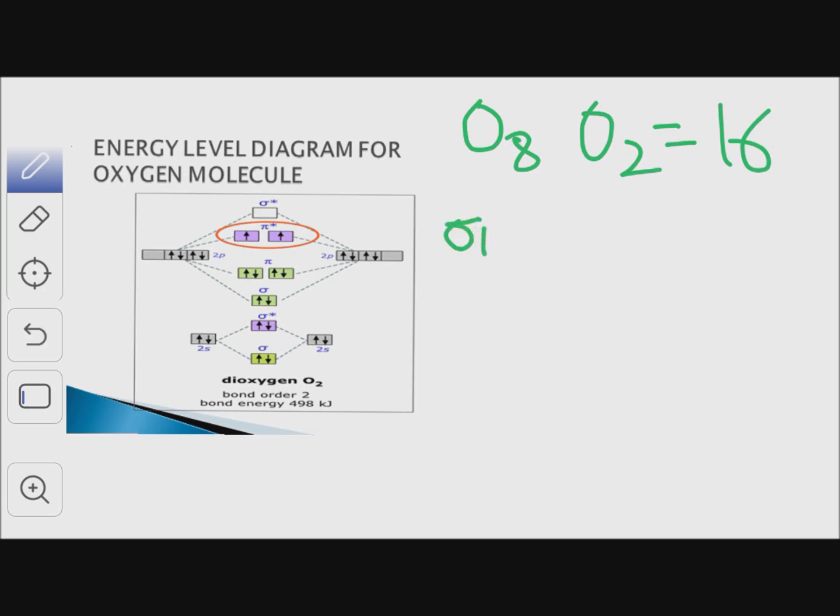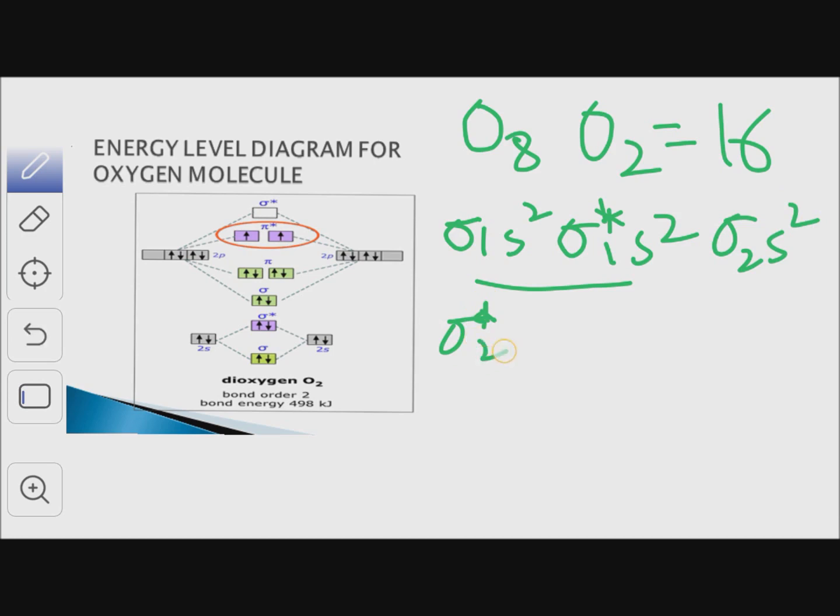Sigma 1s2, sigma star 1s2. These are the lower molecular orbital energy levels. Sigma 2s2, sigma star 2s2. The electrons are filled from the lower energy level to the higher energy level.